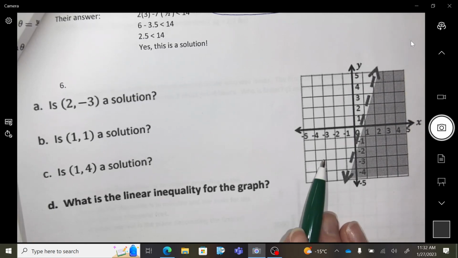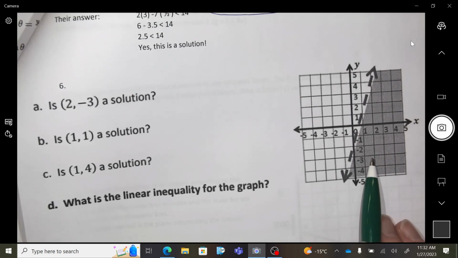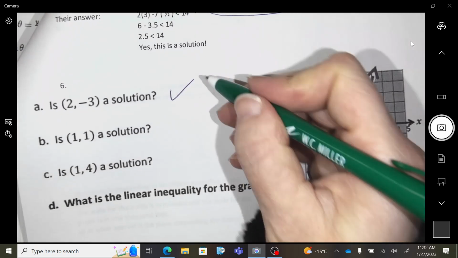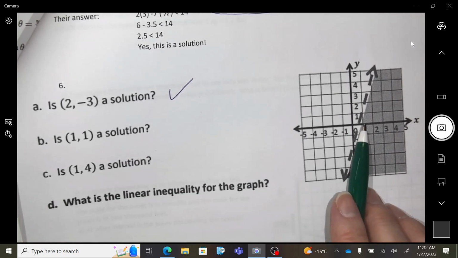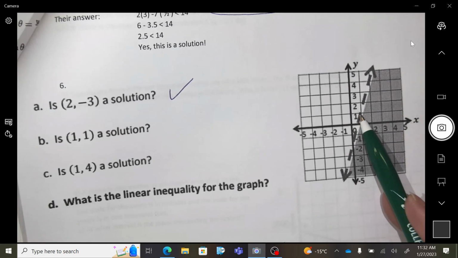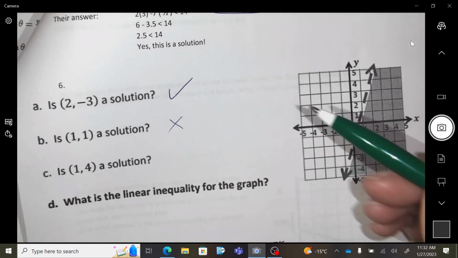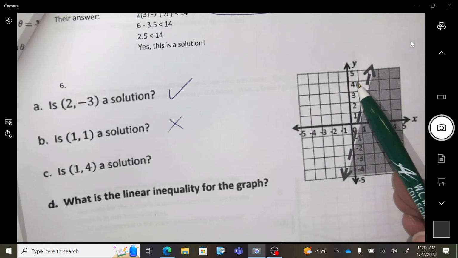Is the coordinate 2, -3 a solution? Yes, it's in the shaded. Is the coordinate 1, 1 a solution, which would fall right on this line right here? It's on that line right there. No, because it's on a dashed. Is the coordinate 1, 4 a solution? No.